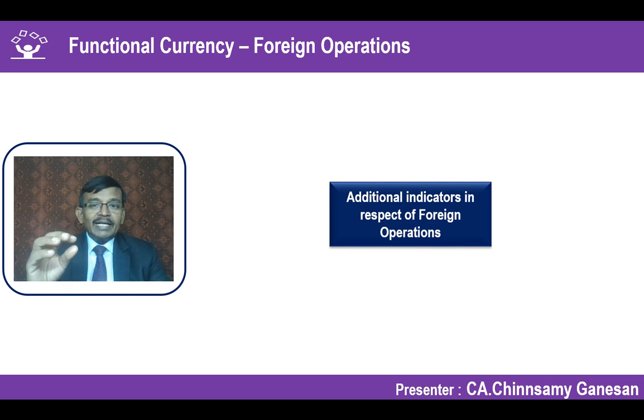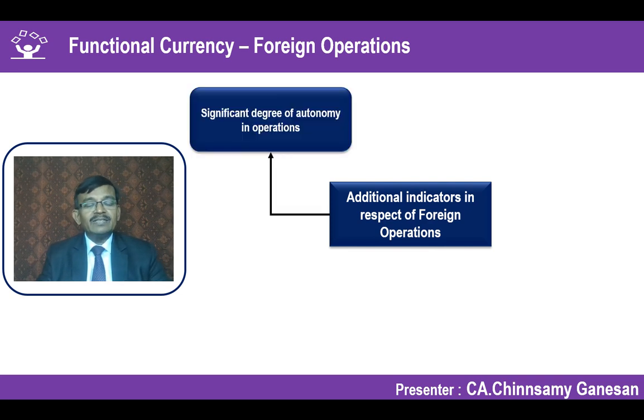Now, what are the indicators which show how I have to determine the functional currency of a foreign operation? The first thing is whether the foreign operation has a substantial degree of autonomy.